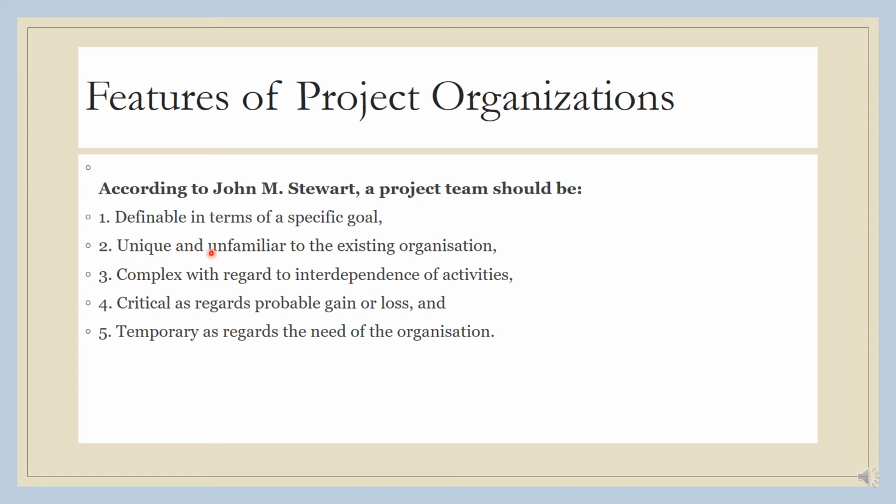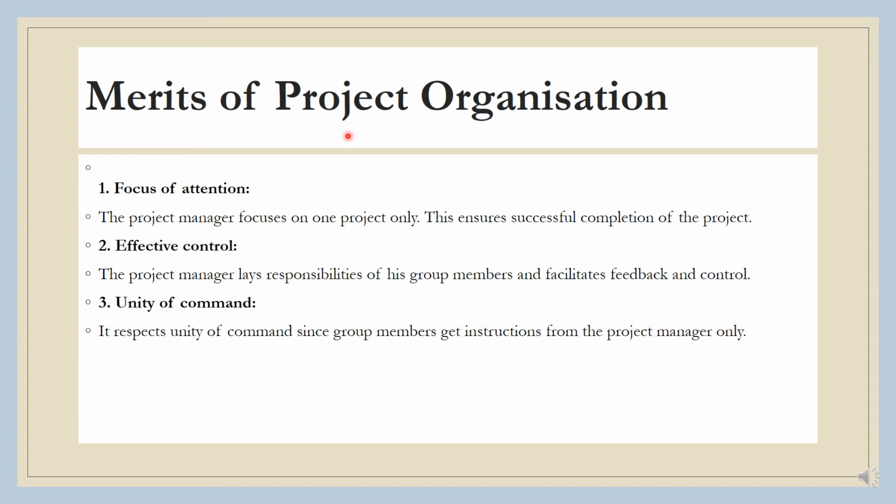So there is the specialization that comes in, there is complexity of that project for which the specialists are being roped in, and it is critical because it would give you good gains, and it is temporary in that after the project is done, the people would go back again to their department.